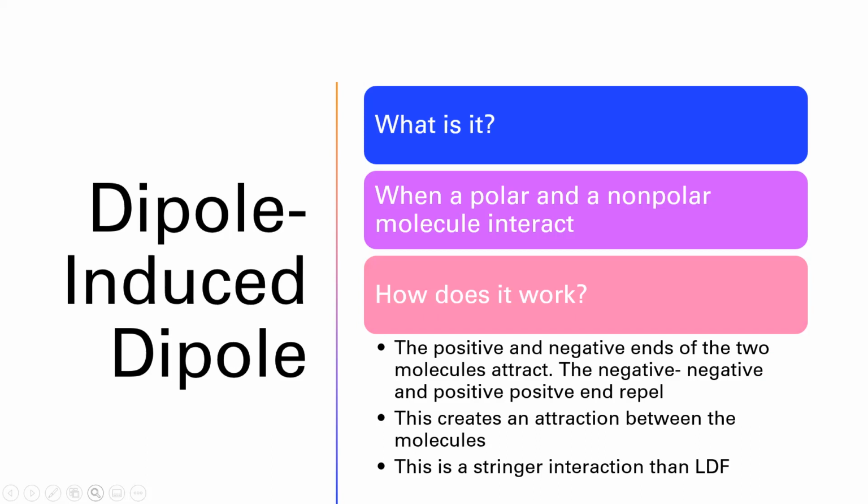And for this type of interaction, for molecules of the same mass or size, the more polar the molecule, the higher the boiling point. Like it says, it's stronger than London dispersion forces.